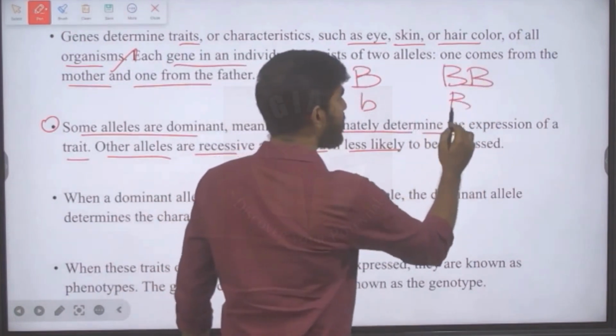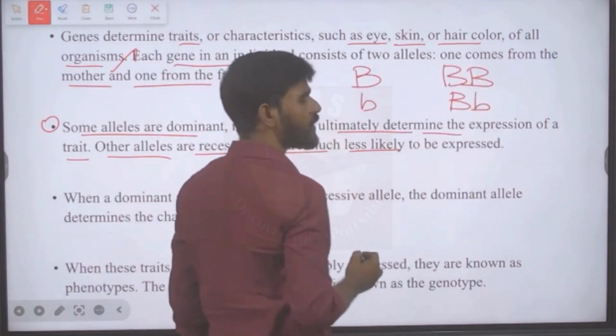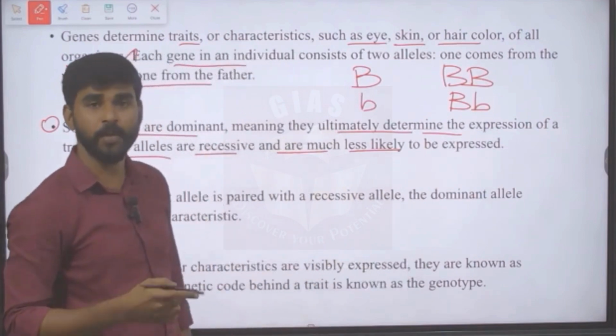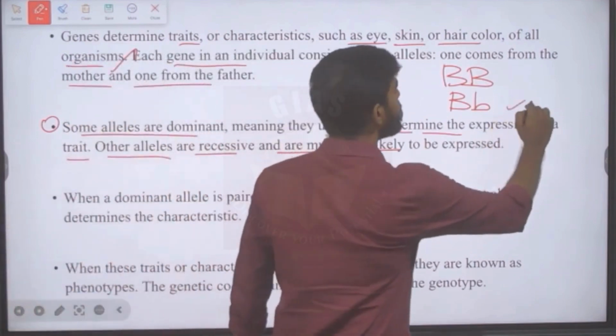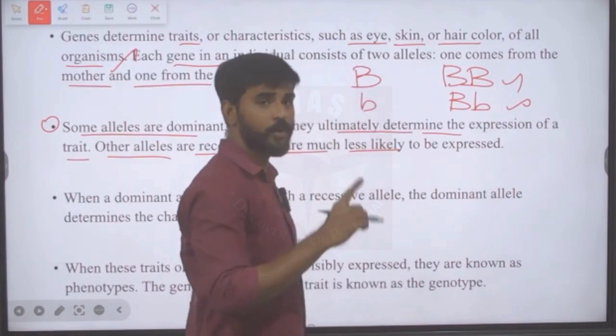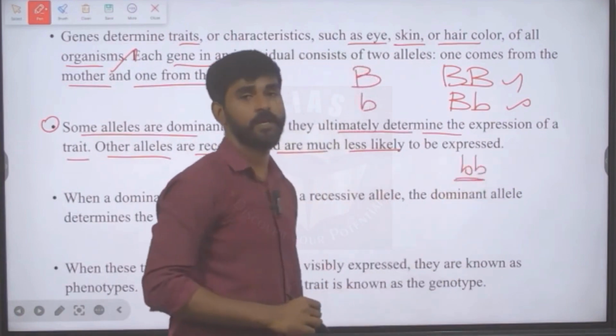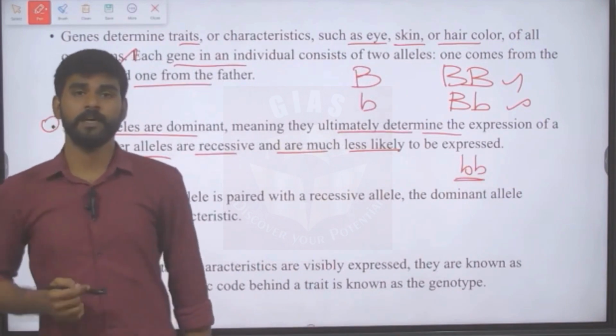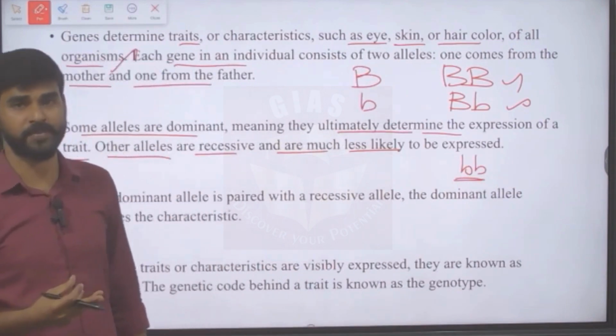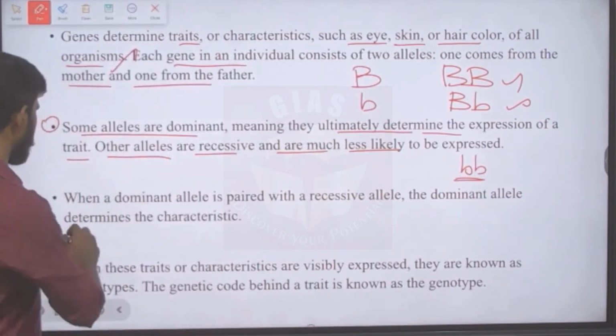And even if I have this combination capital B and small b, even here the dominant one will be expressed. Only when I have this combination, that is small b small b, both recessive, my recessive trait will be expressed. Okay, this is what we need to understand.